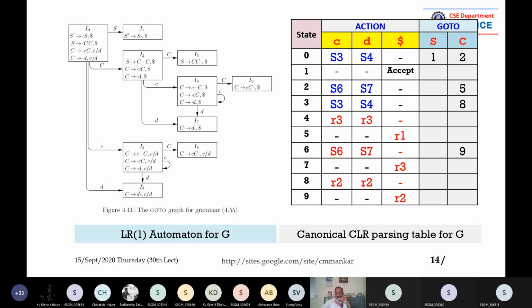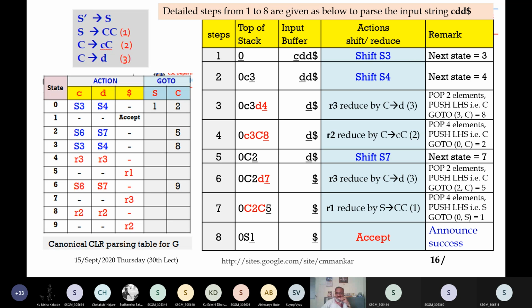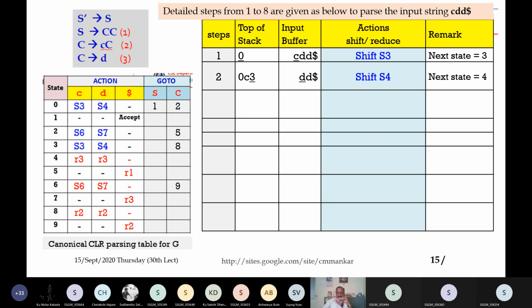That is also easy. This is an example where we are trying to parse CDD as the given string. I talked about it last time. This is the complete solution, slide number 16. This was slide number 15, but why am I keeping it blank? I want you to do it with pen and paper on your side to get more confidence.